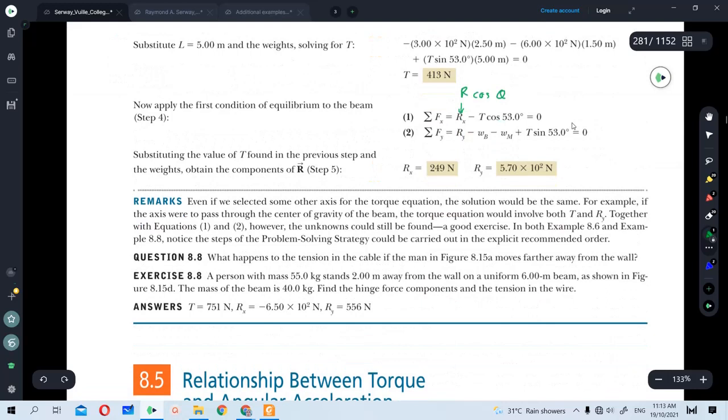So let's troubleshoot. There are 4 just now. So R in the Y component plus T sine minus both weights is equivalent to 0. Alright, so we will find after this why the solution is left in the form without the angle.